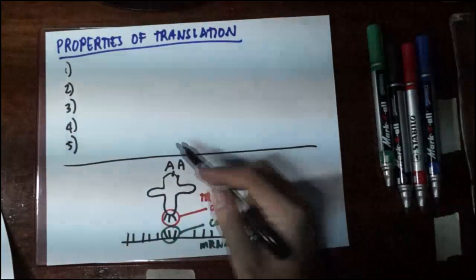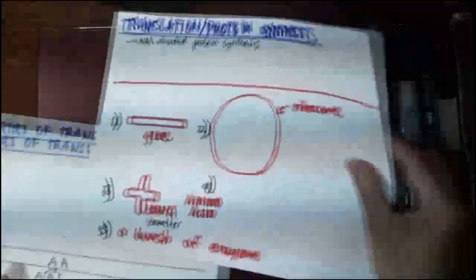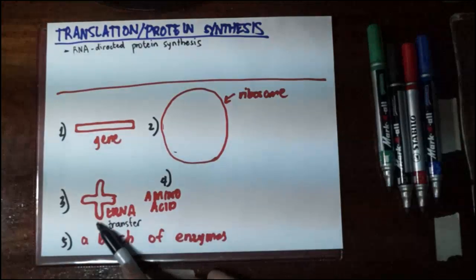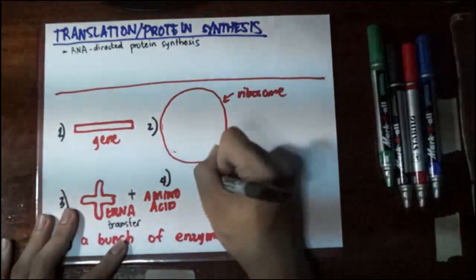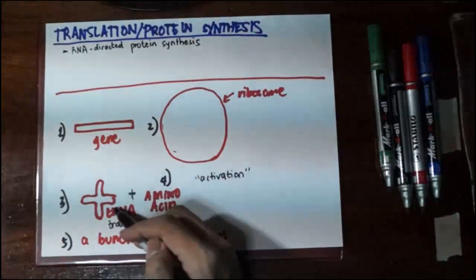Before that, we should know that the amino acid must attach first to the tRNA, because in the start they are separate. So the tRNA must be able to combine with the amino acid. The process of that is known as activation. The tRNA, when bonded already to the amino acid, is called an activated tRNA. How does that happen?